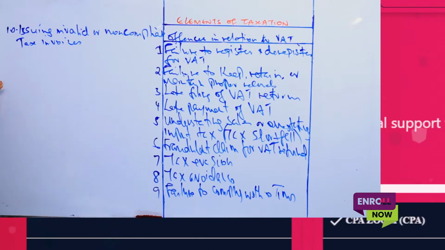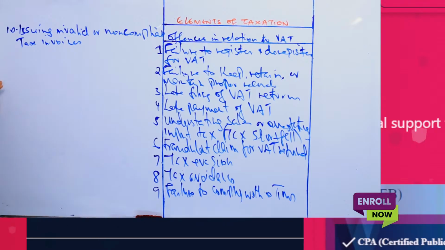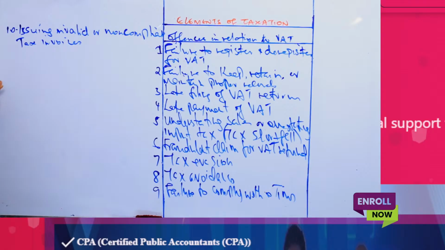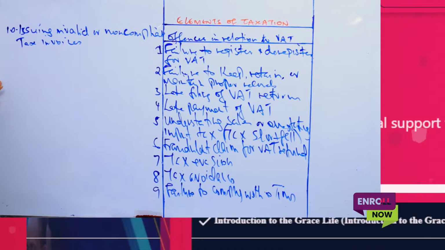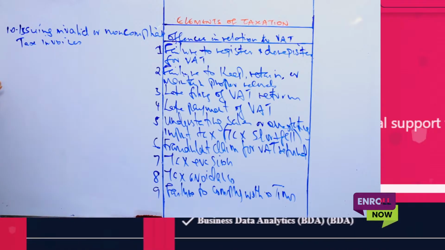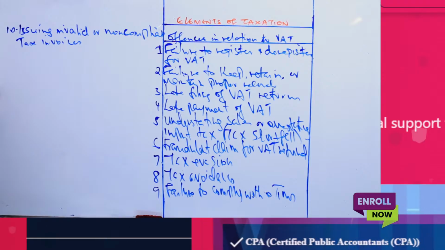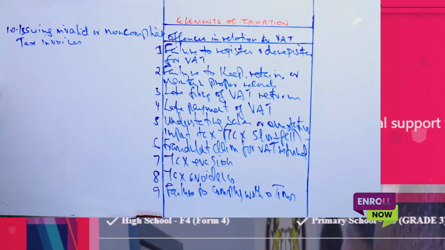Issuing tax invoices that do not meet the prescribed requirements under the VAT Act, including those not generated from e-TIMS, is an offense. And what is the consequence? That may lead to disallowance of input tax claims for the recipient and also penalties for the issuer.